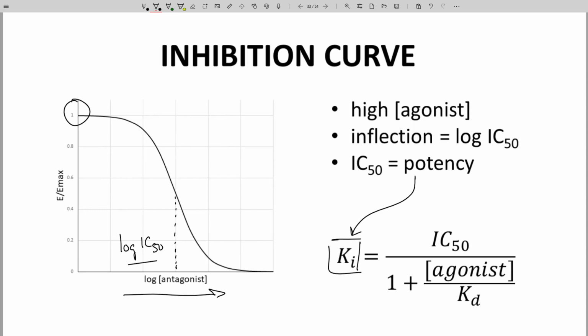As with IC50 and Ki values with enzymes, you can interconvert IC50 and Ki values with the Cheng-Prusoff equation. You will need to know the agonist concentration used in the assay and Kd for the agonist to perform this calculation.